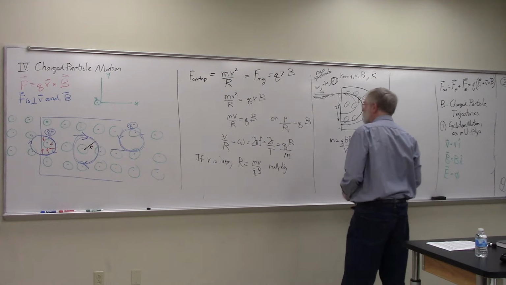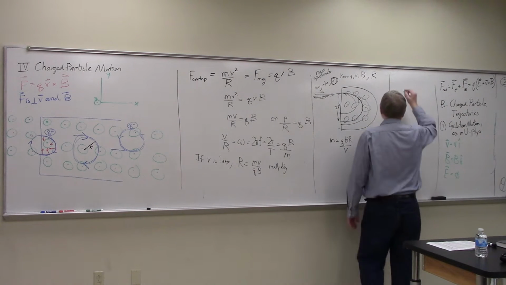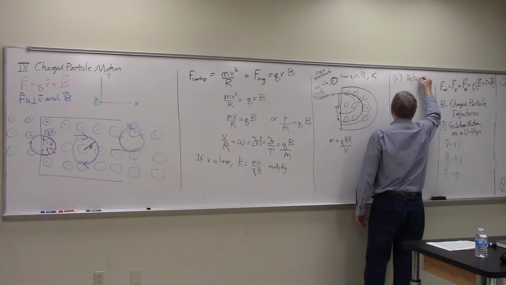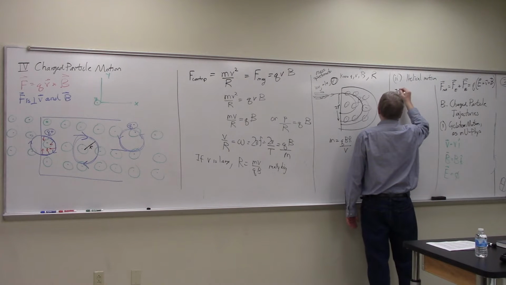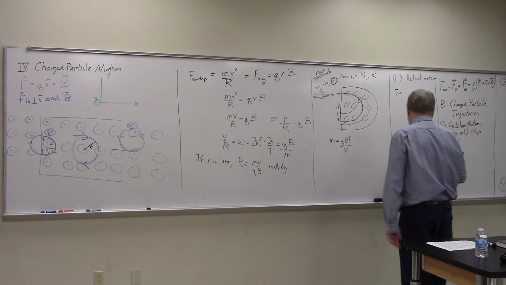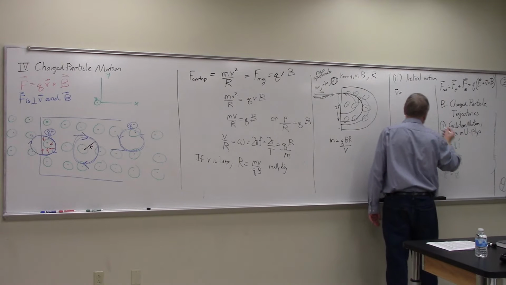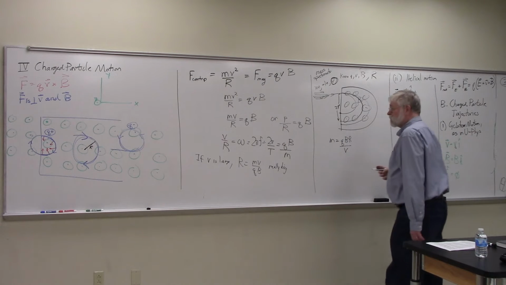Now, let's take that same situation, which was cyclotron motion, and add something to it. So now V is some initial velocity, you might call it V0.